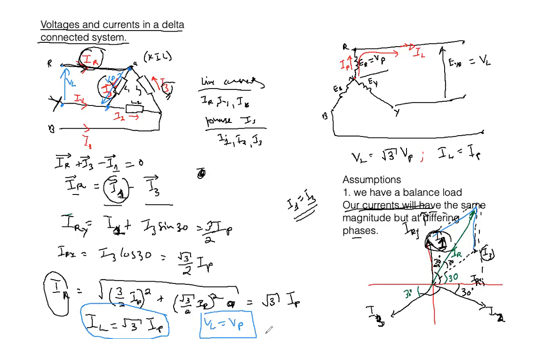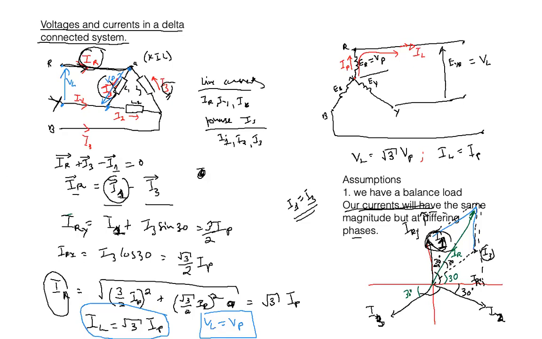You don't really have to cram these two. All you need to know is that when you are going inside from the line current, you must divide by root 3. The line current is the one that is bigger than the phase current.